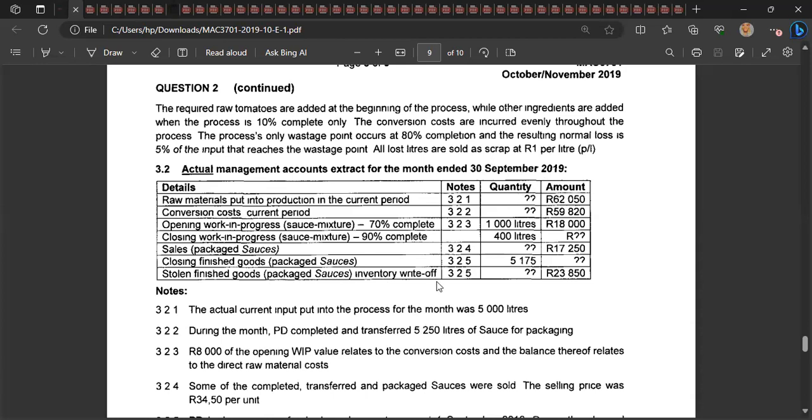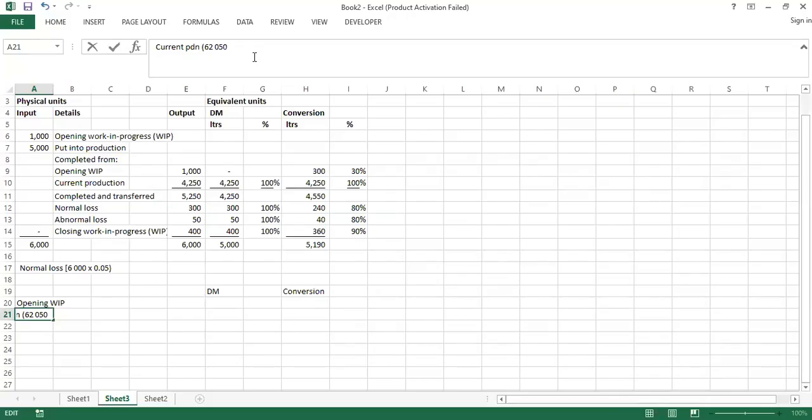So we're going to look at the liters that we lost and multiply by 1 rand, then we'll get the amount there. Why is this being put on the liters? Because liters is what we are selling. We are selling material, not conversion costs. So 300 times 1 is a matter of principle. We put it like that.